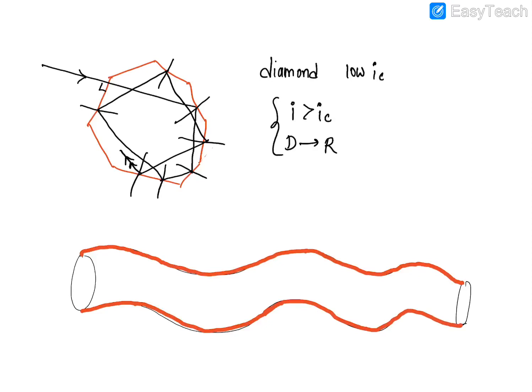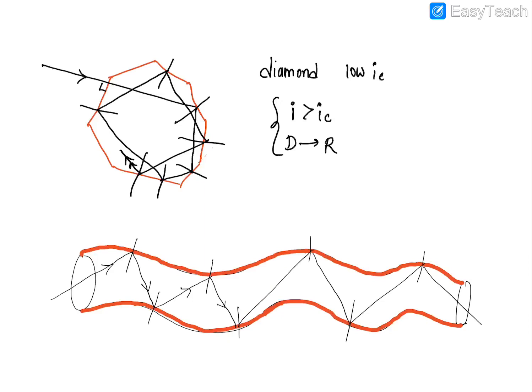Now let's say when the light ray is entering from here, because it is going from denser to rarer and incidence is more than critical, it will reflect. Again it will reflect. Again it will reflect. This process is going to continue till the light ray emerges out of the optical fiber.